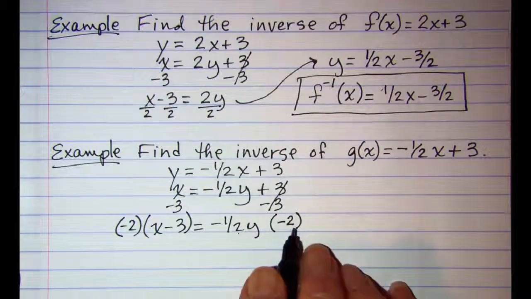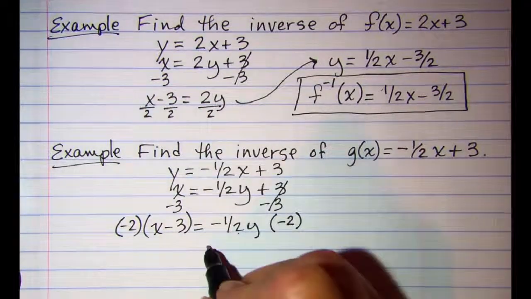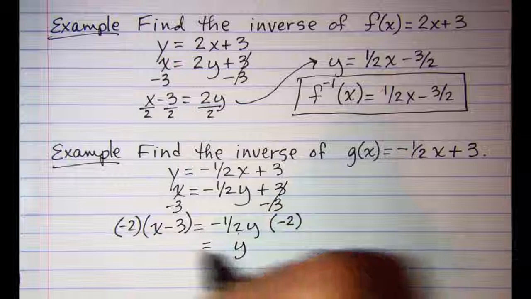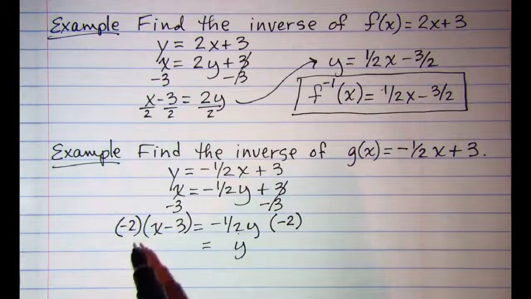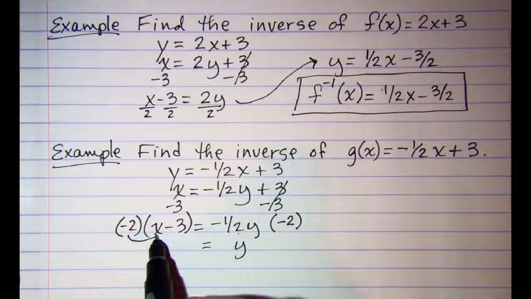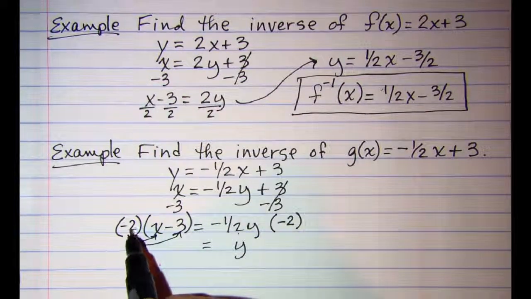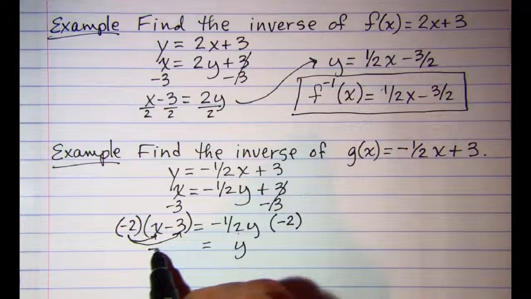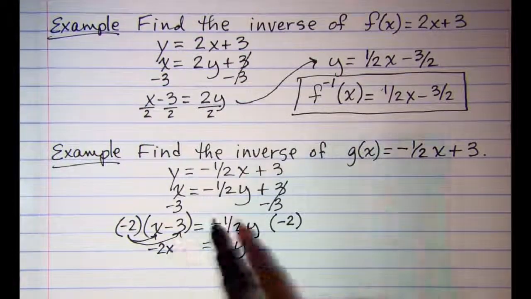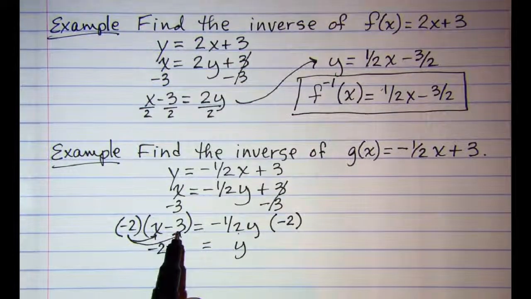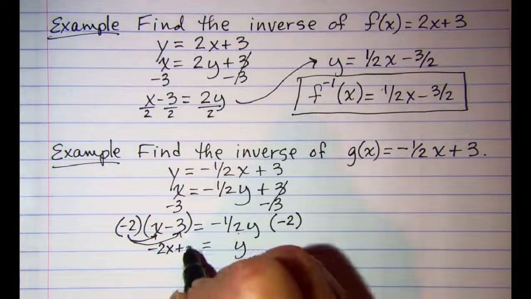Negative 1/2 times negative 2 is 1. So I have y on the right side. And then I need to distribute my negative 2 through the binomial. So I have a negative 2 times x is a negative 2x. And then negative 2 times negative 3 is positive 6.